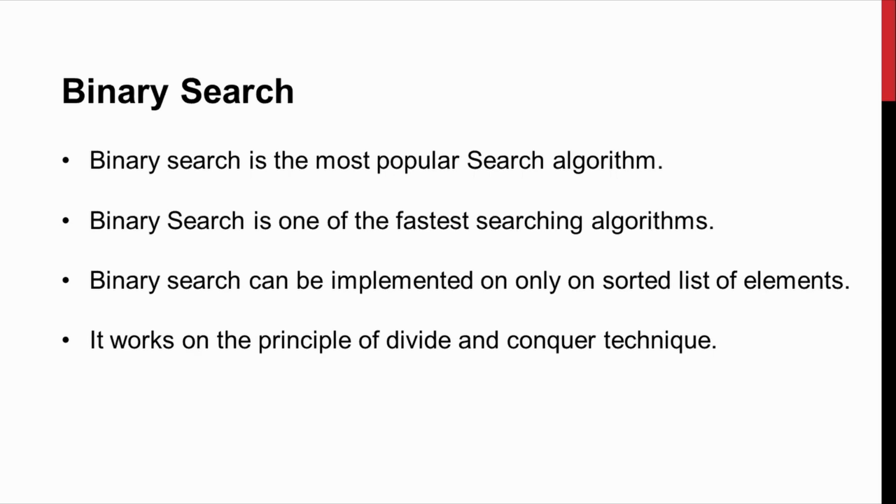In this method, to search for an element, you compare it with the present element at the center of the list. If it matches, then the search is successful. Otherwise, the list is divided into two halves: one from the 0th element to the middle element, which is the first half, and another from the center element to the last element, which is the second half, where all the values are greater than the center element.